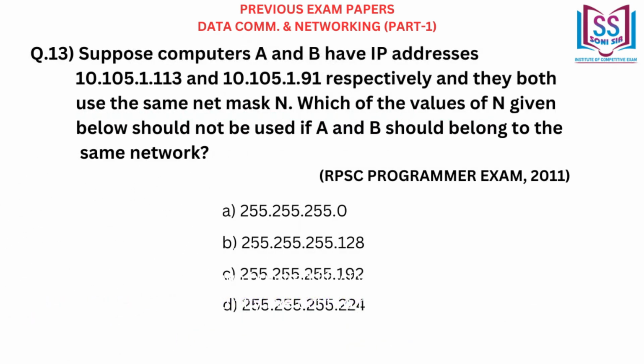Suppose computers A and B have IP addresses 10.105.1.113 and 10.105.1.91 respectively, and both use the same net mask N. Which of the values of N given below should not be used if A and B should belong to the same network?